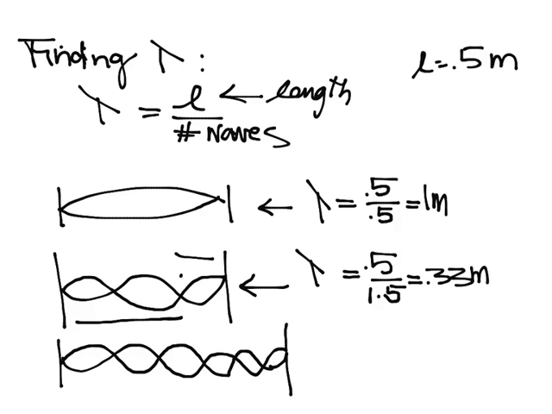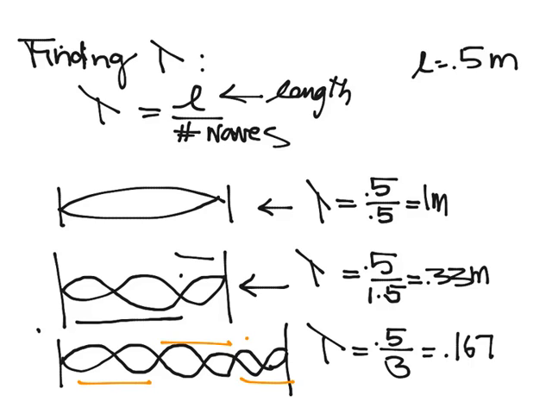The last one, we have 1, 2, 3 whole waves, and so our wavelength is equal to 0.5 divided by 3, which is the same as 1/6, or 0.167 meters. And by the way, this is the first, third, and sixth harmonics of something that is closed on both ends.